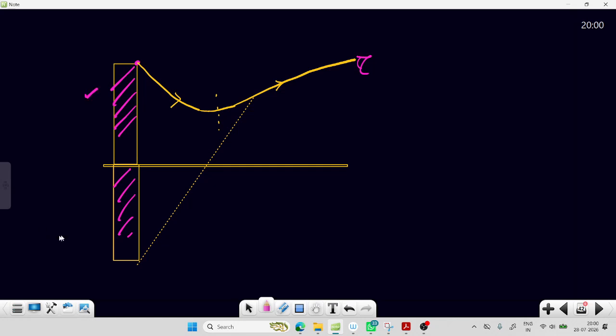This is the inverted image, and this is the actual object here. This phenomenon is called a mirage. During the IPE session we'll discuss it in detail. Don't worry.